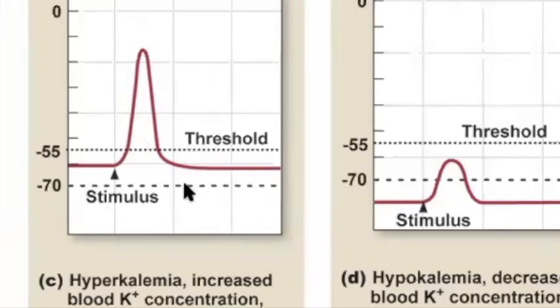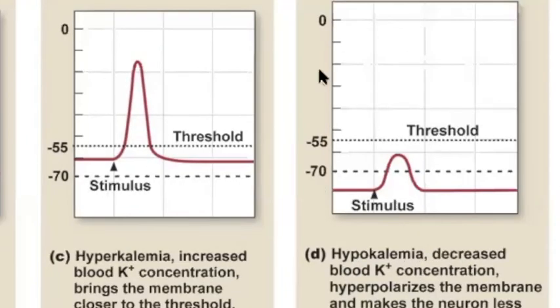right? That normally wouldn't trigger something is going to trigger it, right? So you get an action potential off that. That would be too much blood potassium. The opposite way was when you have too little blood potassium, hypokalemia, it's going to hyperpolarize and it's going to make it harder for that neuron to fire. Right? So basically what I'm saying is these conditions, which are caused by various things, are going to cause your nerve cells to act really funny, right?